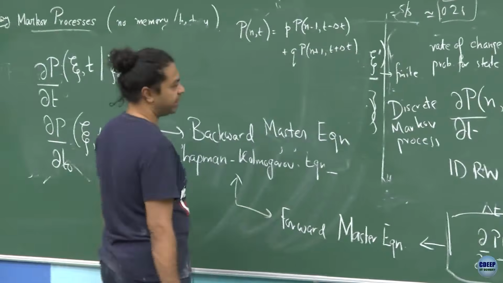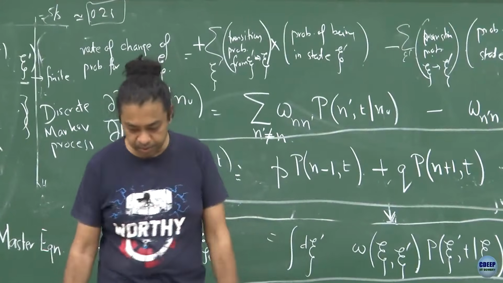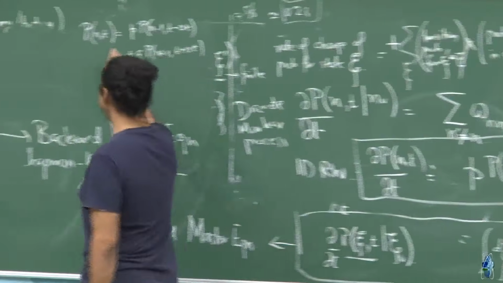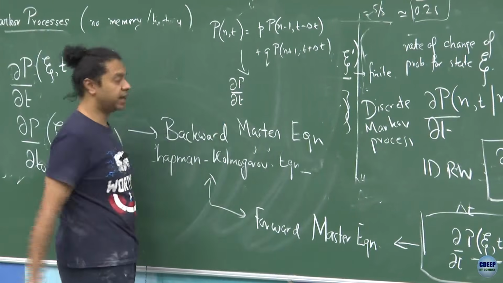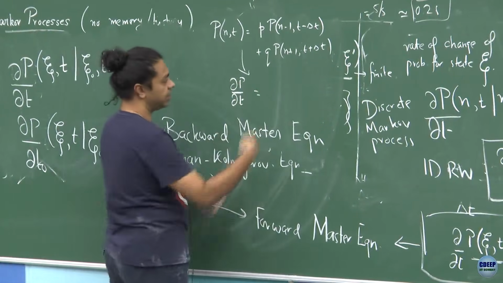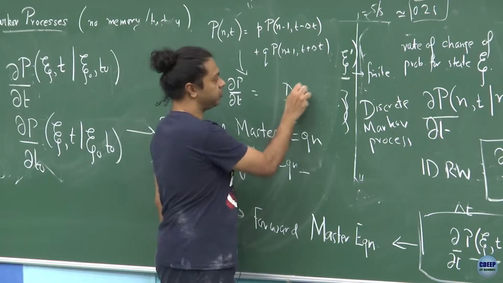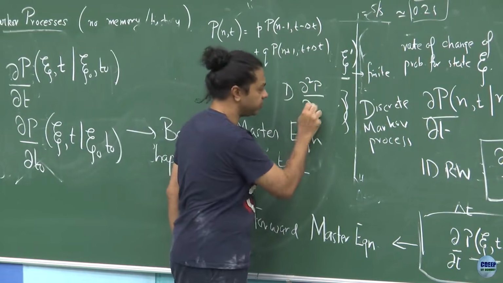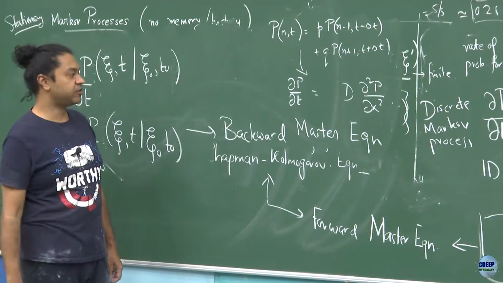If I make my Markov process continuous, then I should be able to get to, of course, a del P del t, by taking continuous time and how it evolves in time. If I take a continuous space, for example for the random walk, I should be able to get to the diffusion equation, del 2 P del x 2, which was my continuous space, continuous time limit of the discrete random walk.